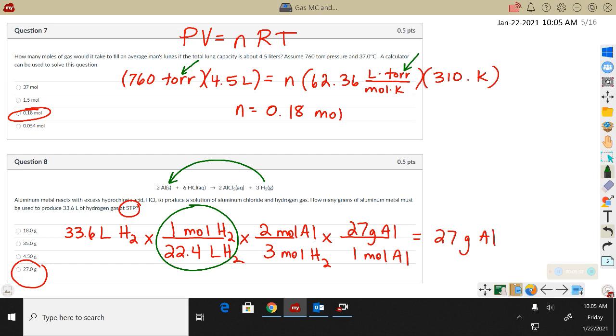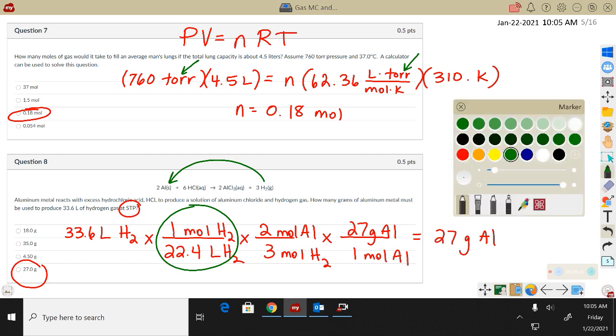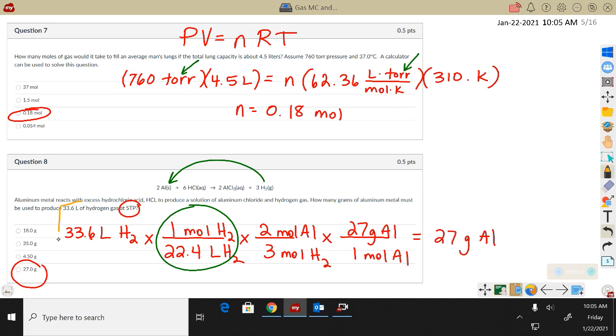Now, if we stop right there, if I take 33.6 and divide by 22.4, I'm at 1.5 moles. So this much right here would give me 1.5 moles of hydrogen.